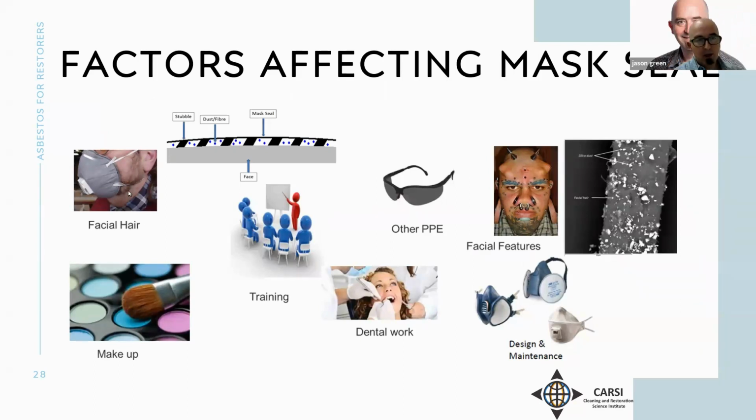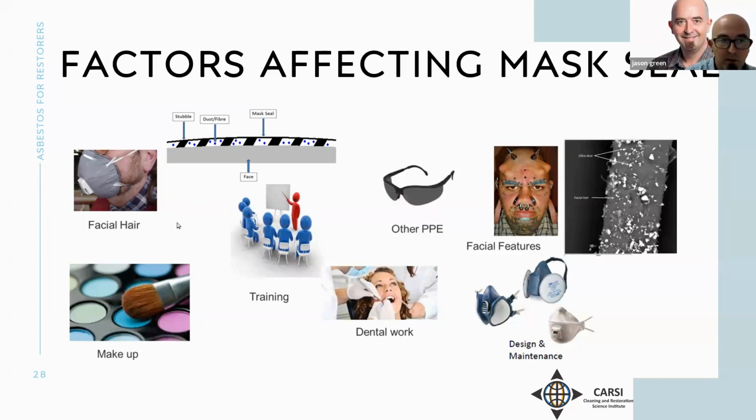If they do have facial hair, then a full face mask, a loose fitting full face respirator or a head top may be more appropriate. Things like a powered air respirator might be more appropriate if people have facial hair, but essentially we want to try and avoid facial hair if people are working in these situations.